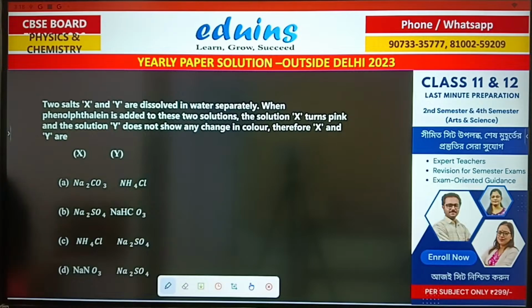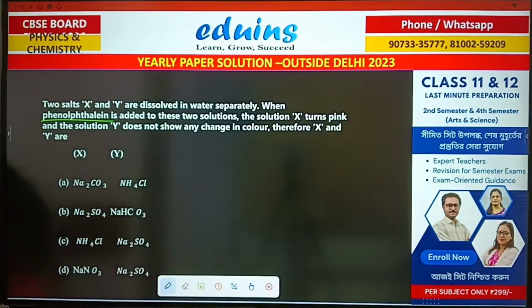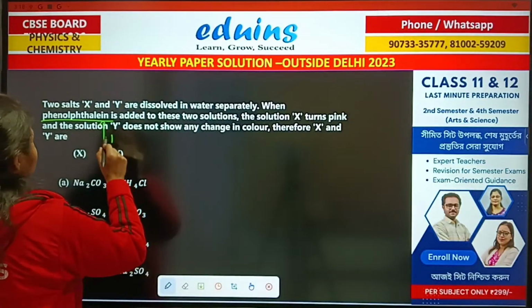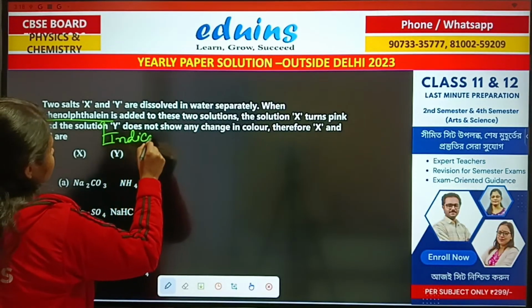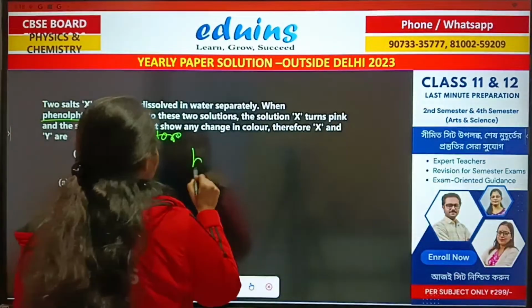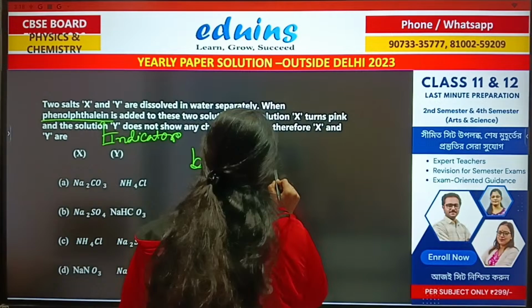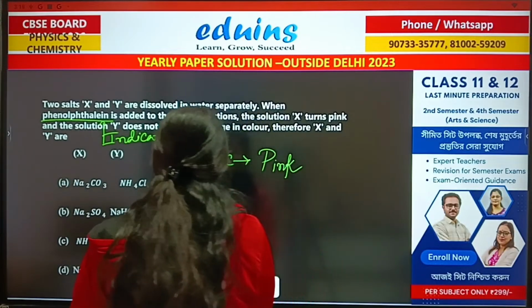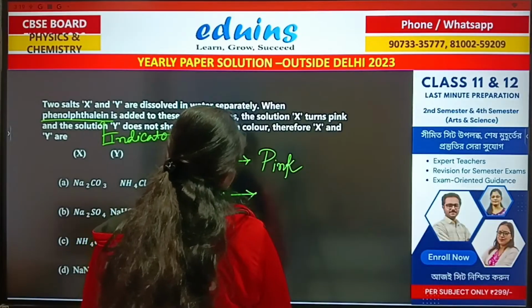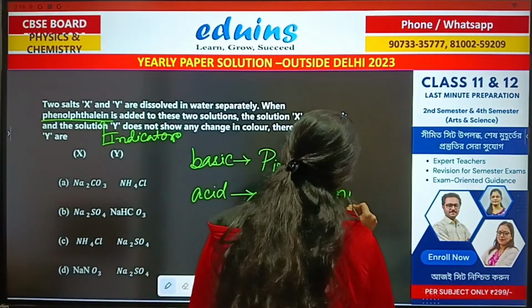Phenolphthalein is an indicator, you know that? When it reacts with a base, it turns into pink color, and with acid, it will remain unchanged or colorless.